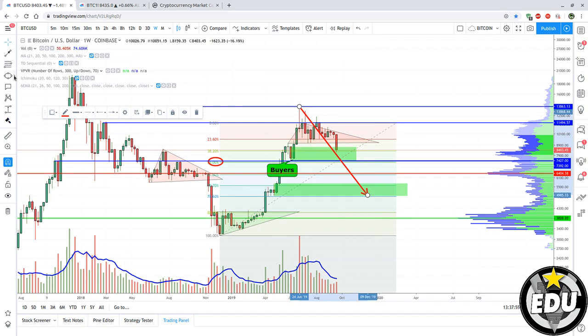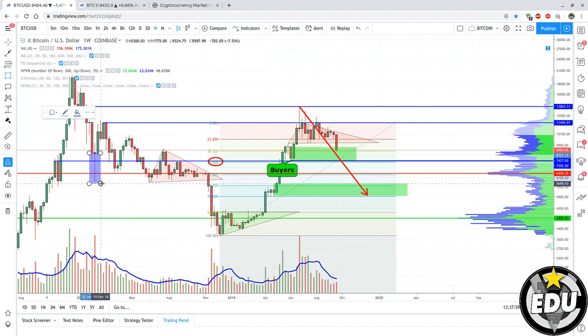Look at that massive wick that happened here, for example. That's what we need to see for a massive bullish outcome, or at least some kind of move upward. But at this point, if we don't see that kind of wick or some kind of false breakout, it's going to be hard to find this bottom.